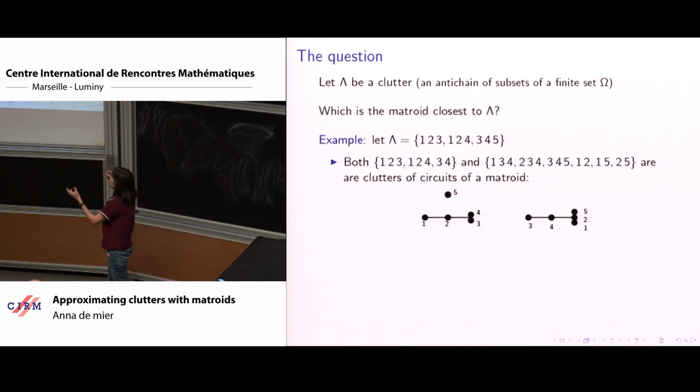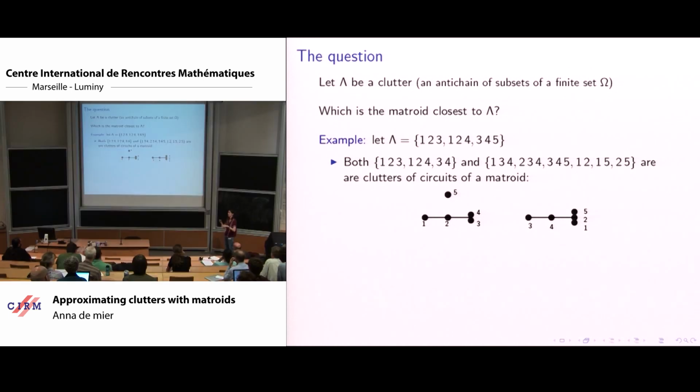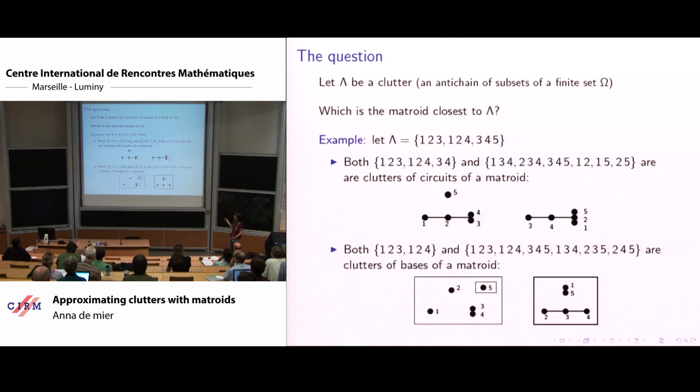It's not going to be as easy as just adding elements to the clutter; we'll have to remove, to break, to add. So these would be two matroid clutters that are somehow close to the first one. Or if instead of circuits we want to think about bases, we could have these two. Removing one element from lambda already gives a clutter of bases, and otherwise we can also add a few elements to lambda and get another clutter of bases.